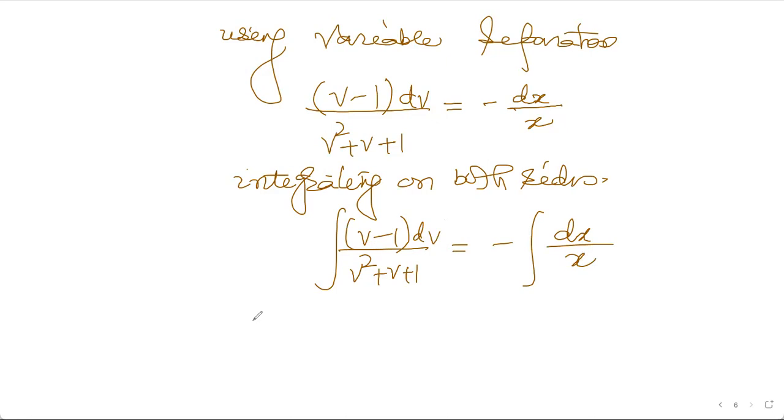And now I'm entirely on that process where I can express this in terms of this. So it's better if I write v square plus v plus 1. Here the whole integration part comes. This is a quadratic, this is a linear.